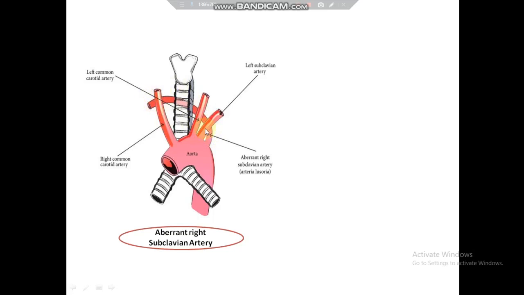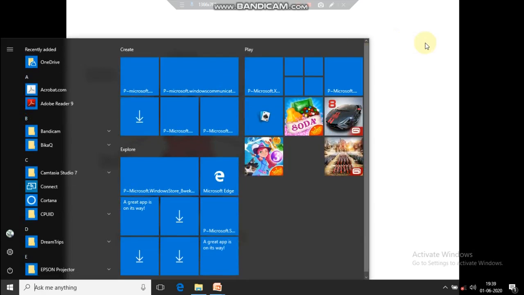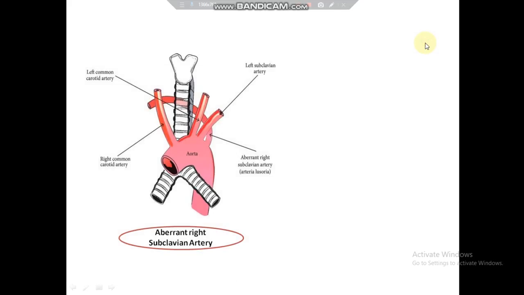If it is an aberrant subclavian artery, it will pass behind the esophagus to come onto the right side. Because this artery presses on the esophagus, the patient will present with dysphagia, that means difficulty in swallowing. That condition is known as dysphagia lusoria.